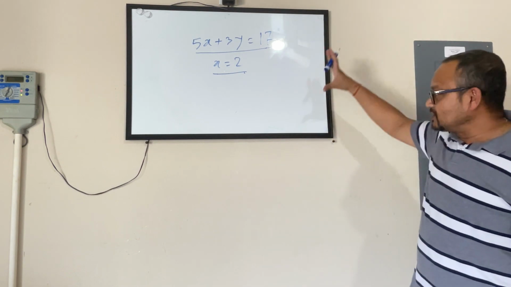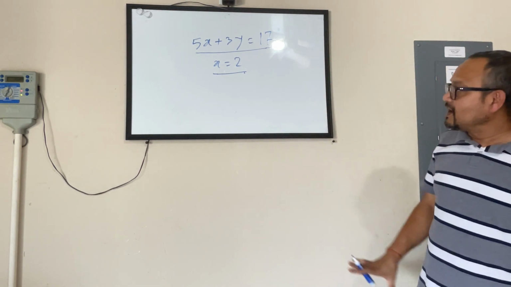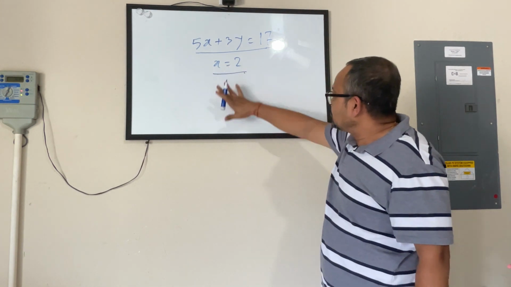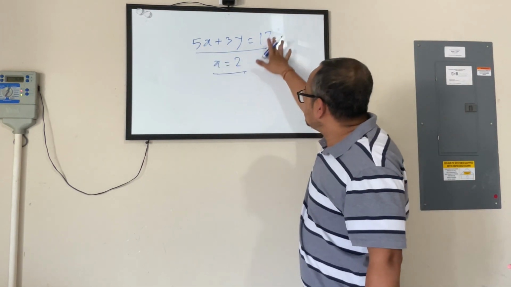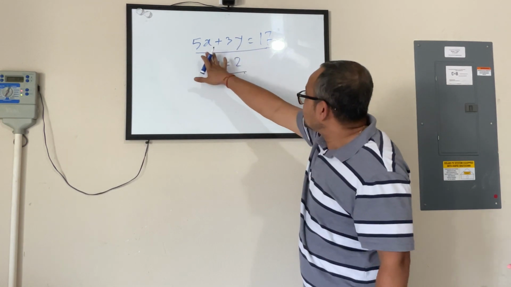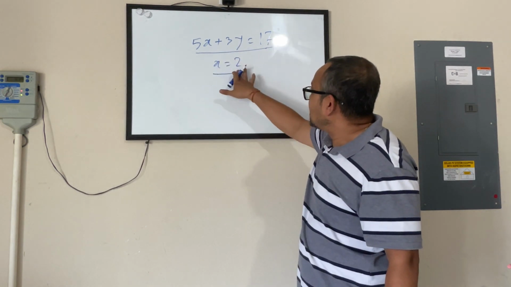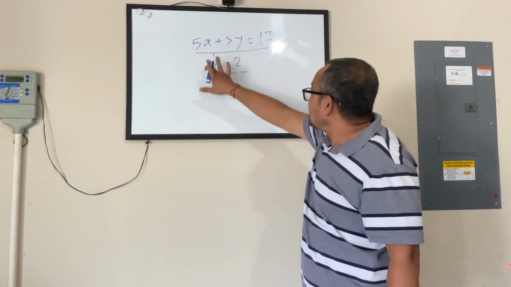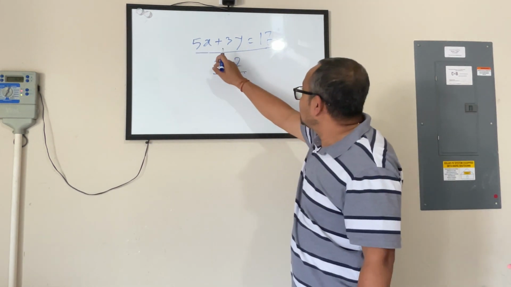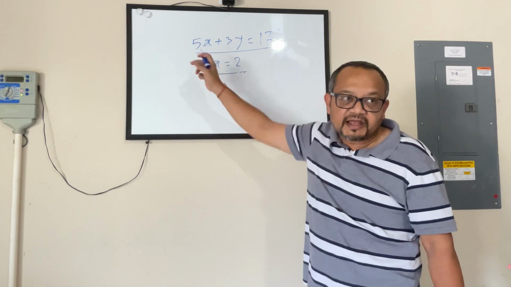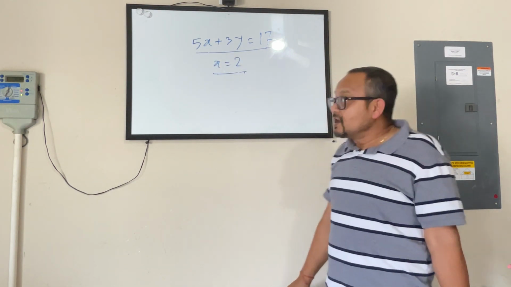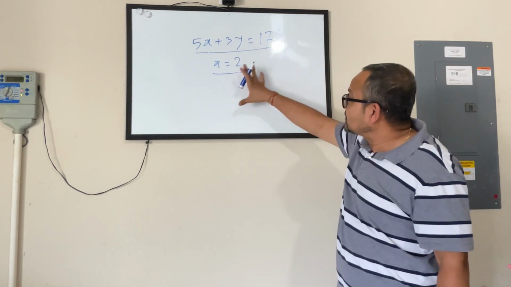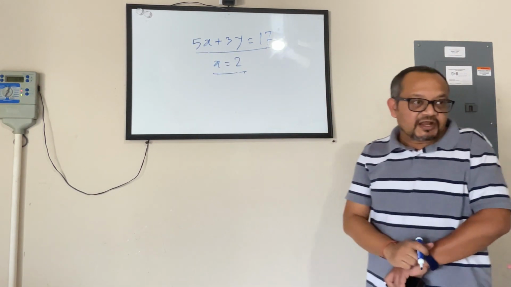Now when you go to the analysis part, that is where you will think, okay, I have the value of x equals 2. Here this is the equation. Out of the two variables I have, one variable's value I have already got. If I substitute the value of this one, then it will become an equation with one variable, because the other variable has a value already known. So this is the analysis part: since I know the value of this one, I will substitute it here and see what happens.